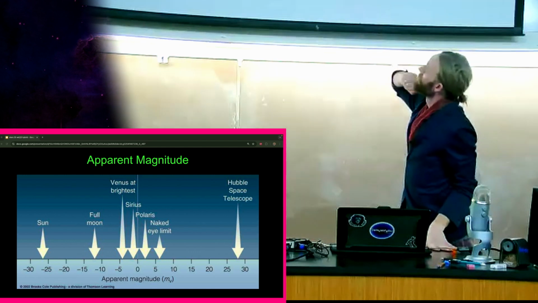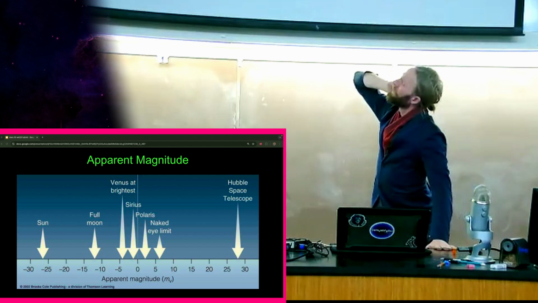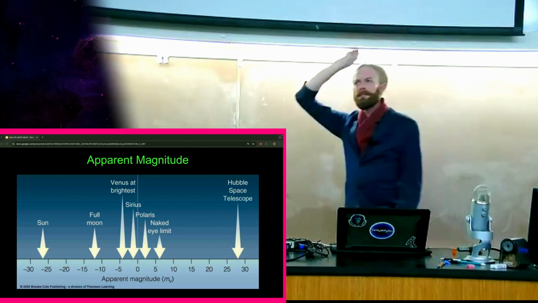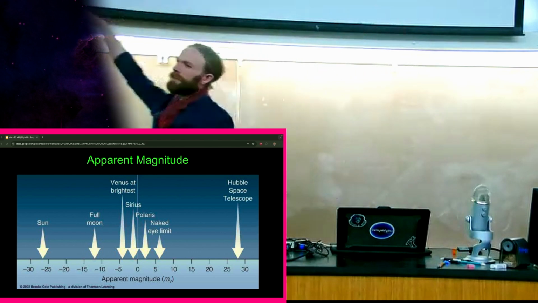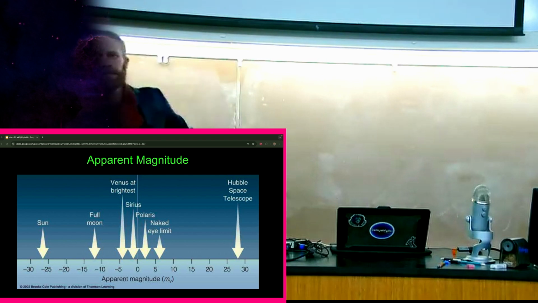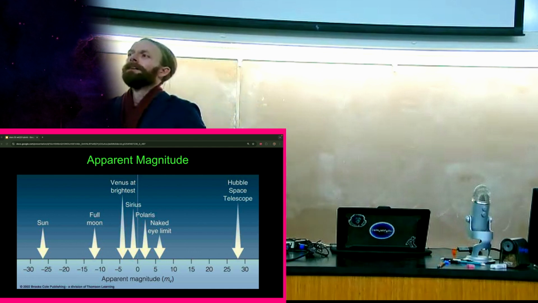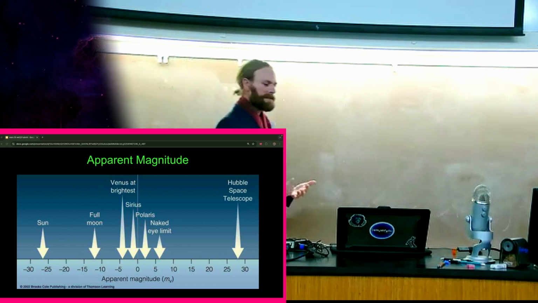So Sirius, which is the brightest star, is actually on the negative side. So that's really bizarre. And of course things like the moon and the sun are absolutely negative because they're way, way brighter than any star in the sky. So it's an interesting system.